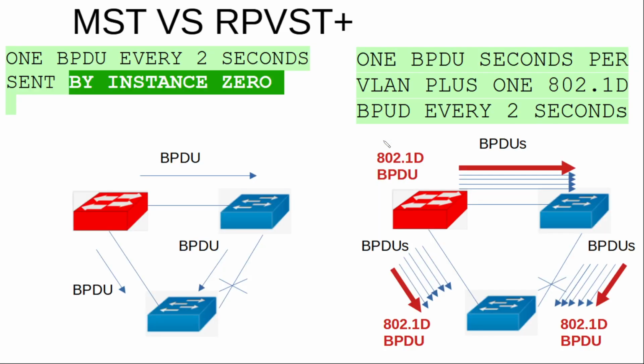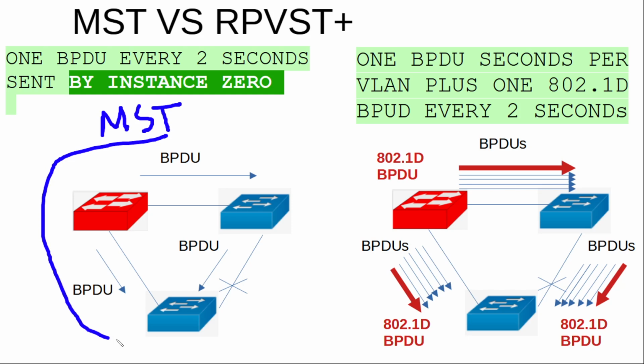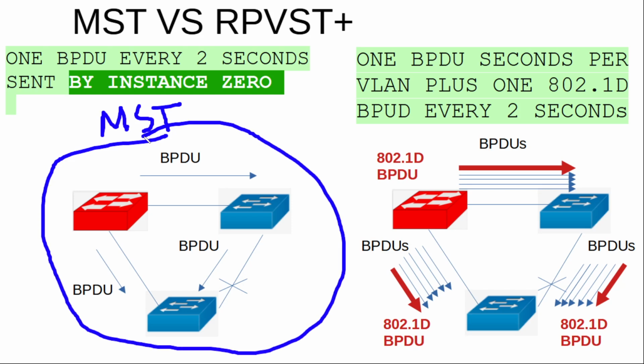Now, regarding BPDUs, MST only uses 1 BPDU. 1 BPDU for all your region. So this BPDU is handled by something that is known as the instance 0. When you configure MST by default, you have instance 0.